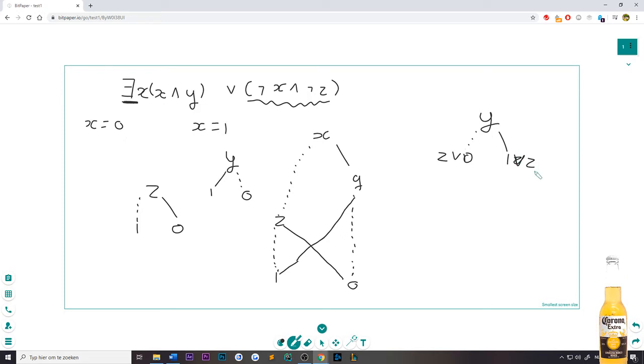Or c, well, this is going to be 1, and this is going to be z. From c we know that c goes to 0 here and 1 here. And so this is the final OBDD for there exists an x.